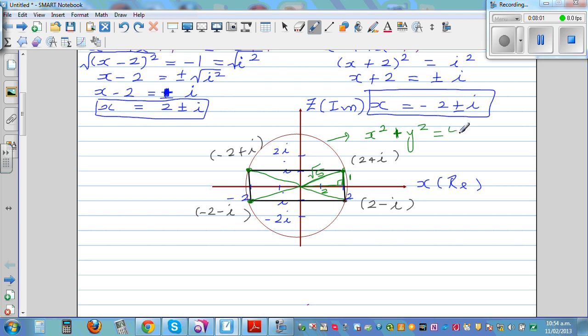If you have learned the equation of a circle, the equation of a circle centered at 0, 0 is x squared plus y squared is equal to r squared. Here the radius is square root of 5, so r squared becomes 5, and that's why I wrote this. The radius of this circle is root 5 and the center is 0, 0.